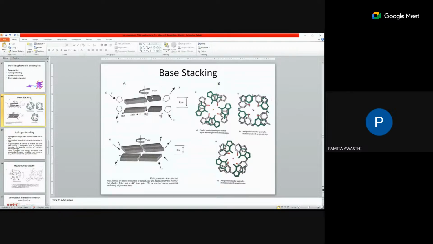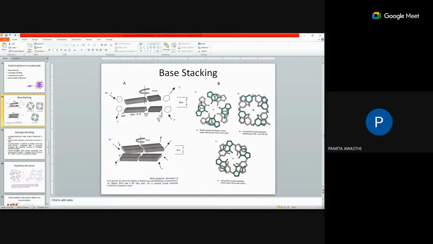Further, other parameters such as roll, tilt, slide, and shift provide an additional description of one base with respect to the other, and finally define the global helical axis of B-DNA.